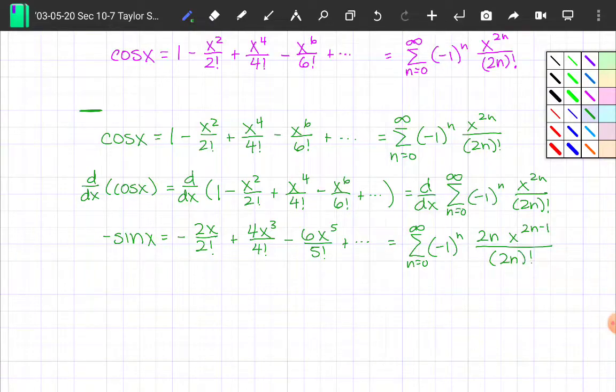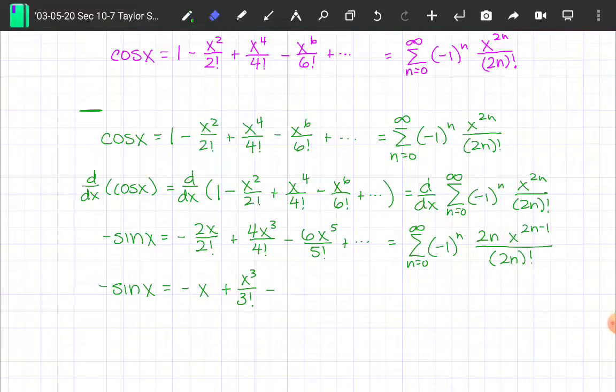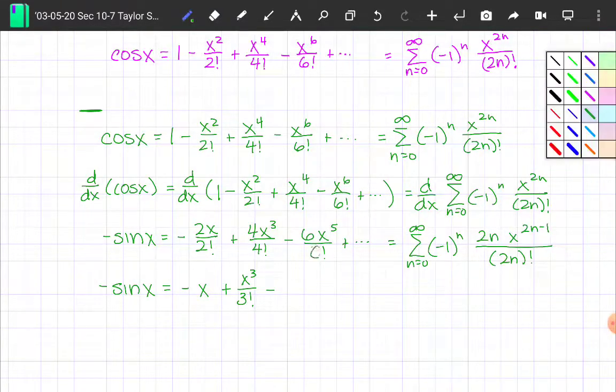So I have that, and then finally, when I simplify everything, the 2's cancel out, the 4's cancel out. I forgot my negative. Hang on one second. Sorry about that. Okay, the 2's cancel out. I'm just going to write minus x. The 4's cancel out, so I have x cubed over 3 factorial. The 6's cancel out. Oh boy, sorry guys. That should be 6 factorial there, but then the 6's cancel out.